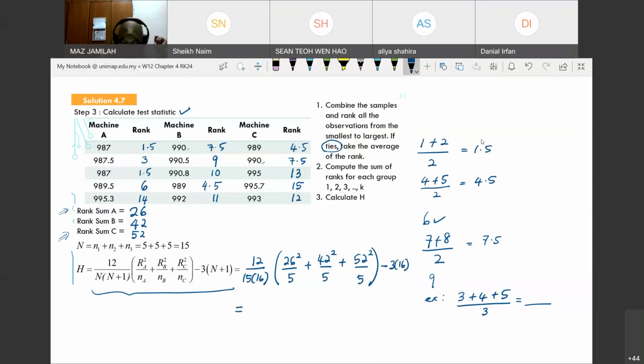And here you will get your H equal to 3.44. So that would be your step 3.